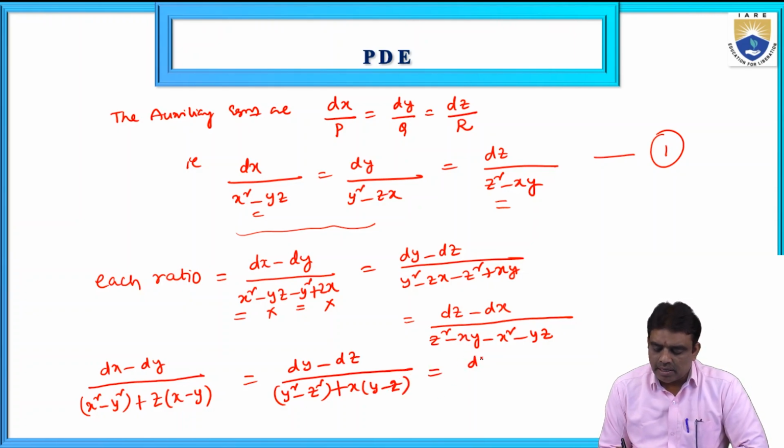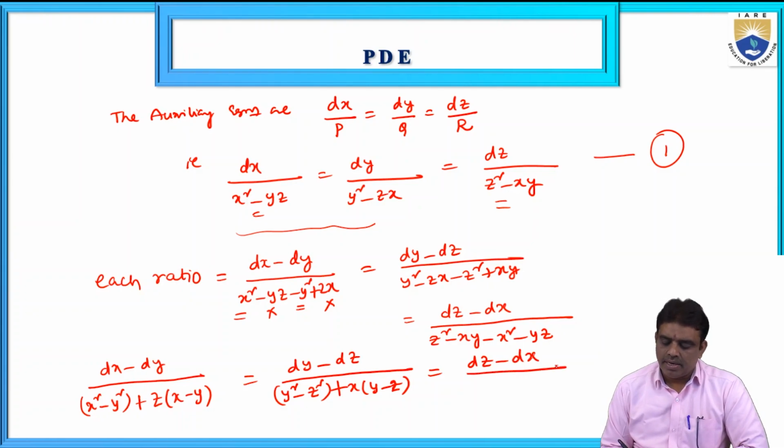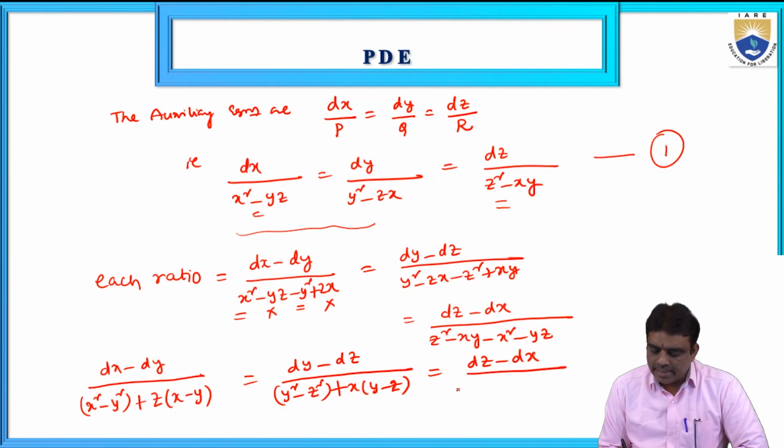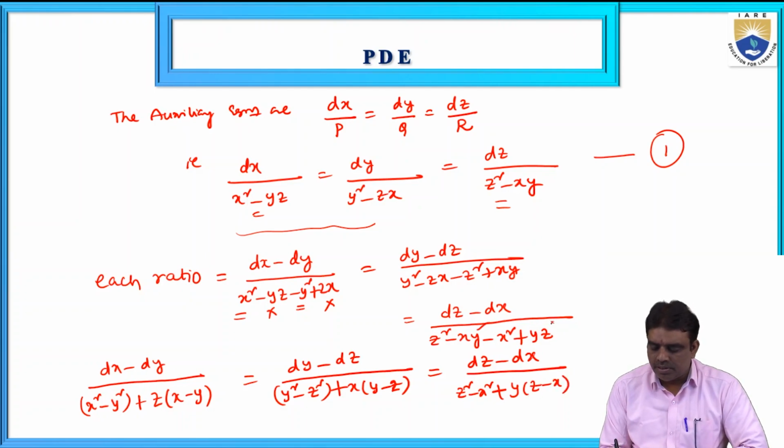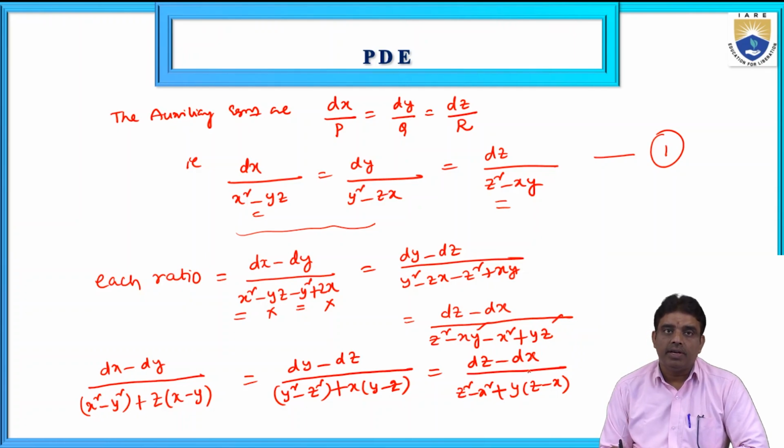Similarly, you see the last term of the equation number 1, the above equation, here z square minus x square, and the denominator z square minus xy minus x square plus yz. You can take y here, then you will get z minus x. In this term, y is the common term, and taking out y, you will get z minus x.